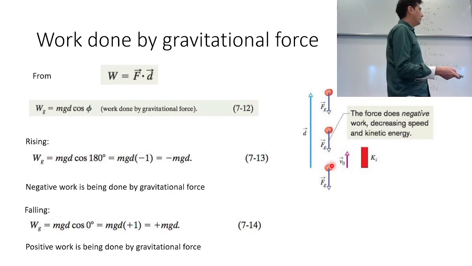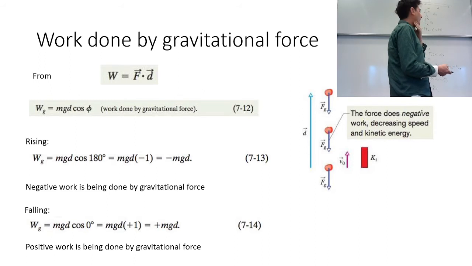So the work is, again, force times distance, or, well, in the case that there's some angle, so if I'm throwing this like this, then there'll be some angle of the movement, right?